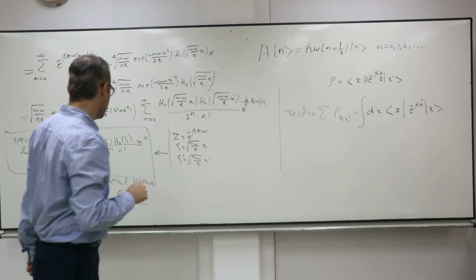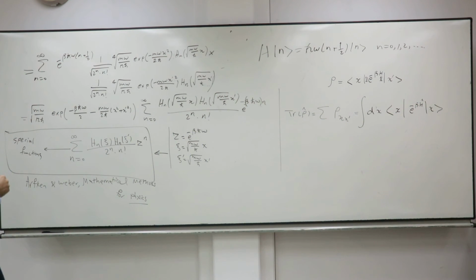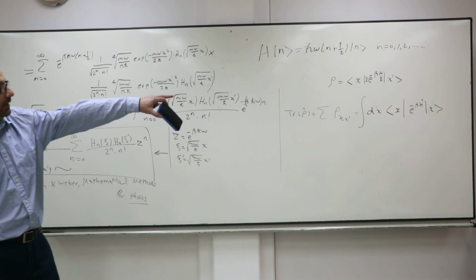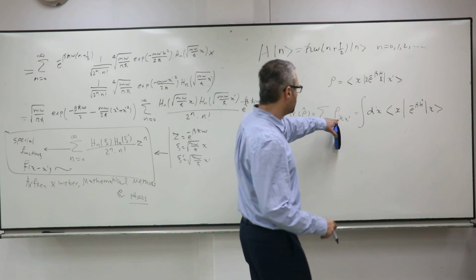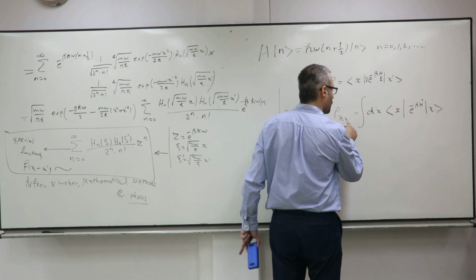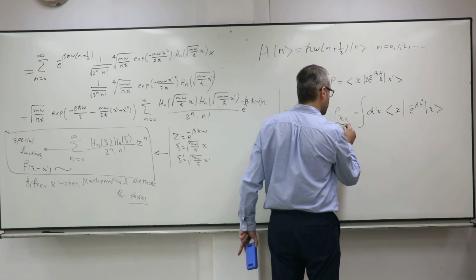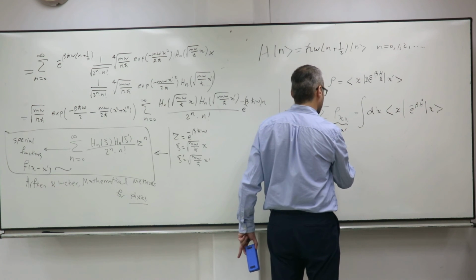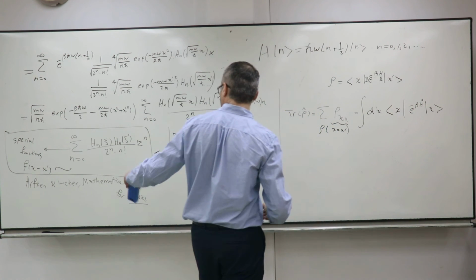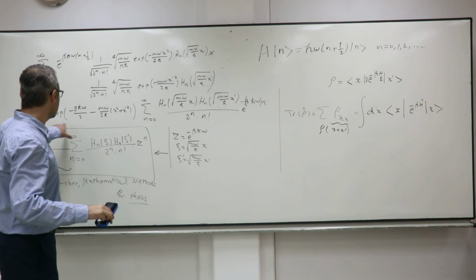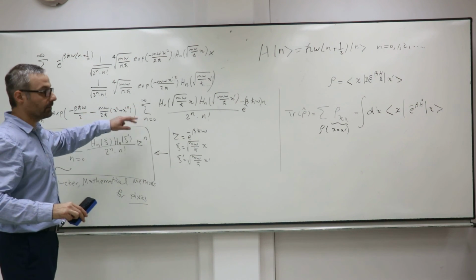It's funny that if you do this calculation, you will see that this will be a function of x minus x prime, multiplied by something which I don't know. So when I set x equal to x prime, because I need rho of x x, this term will be cancelled, and you just have this term plus some constant here.